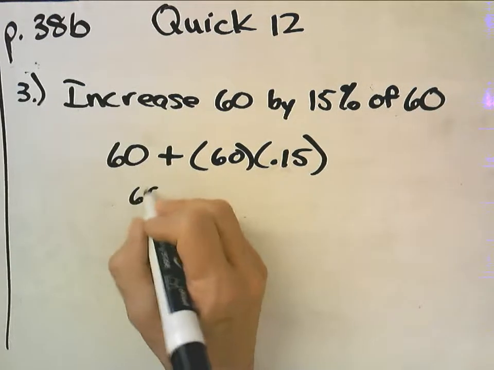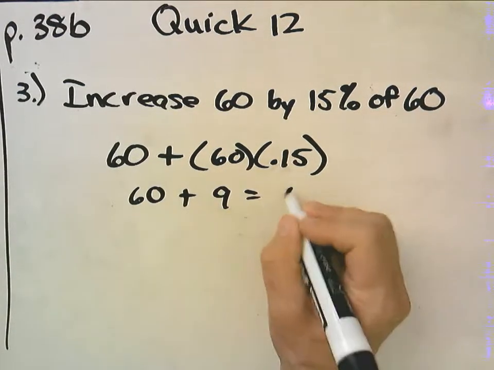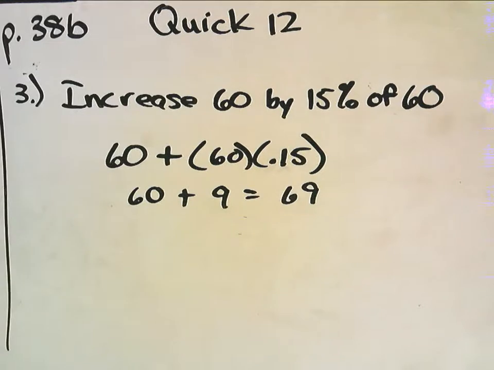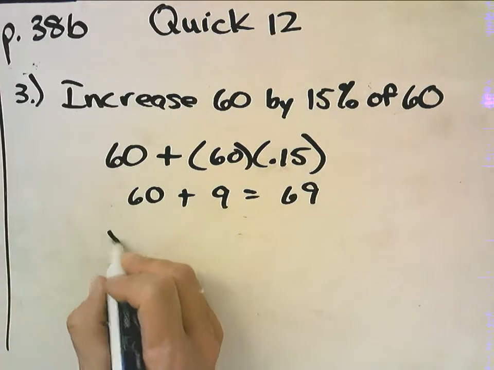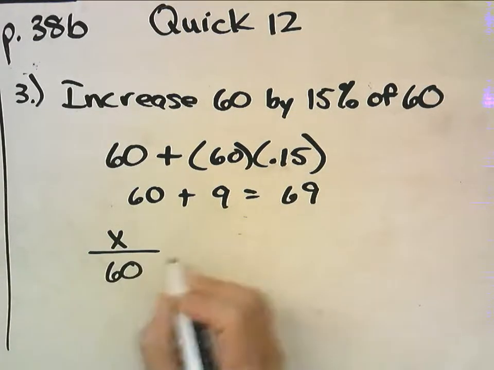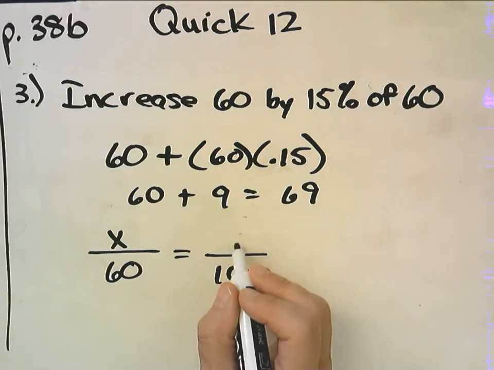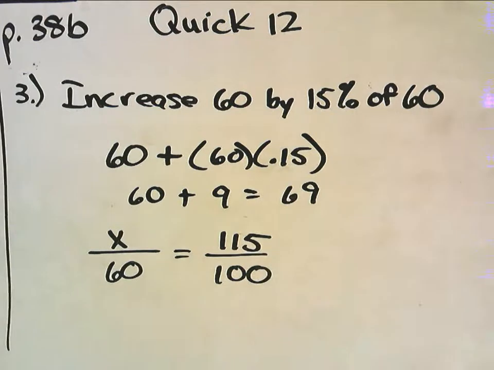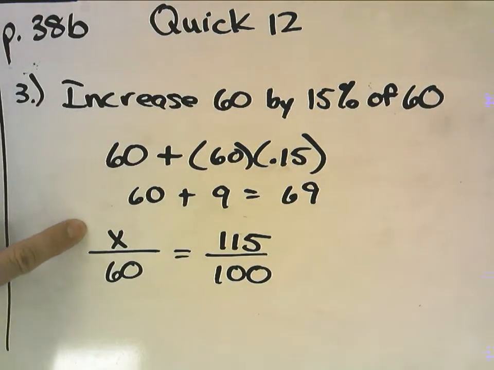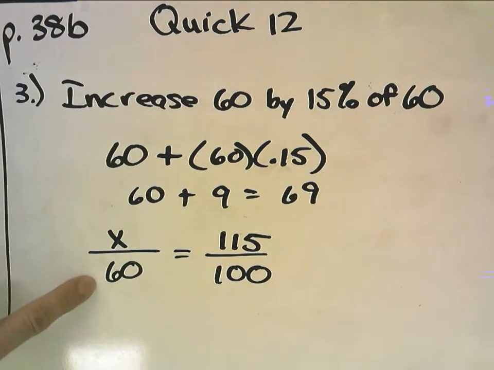So this becomes 60 plus 9, and that's 69. That's one way to do it. Another way to do it is to say, well, 60 is 100%. If I increase that by 15%, I'm looking for 115% of 60. So I'd use this percent proportion. But either way will give you an answer of 69.